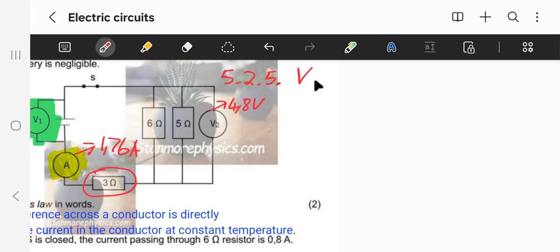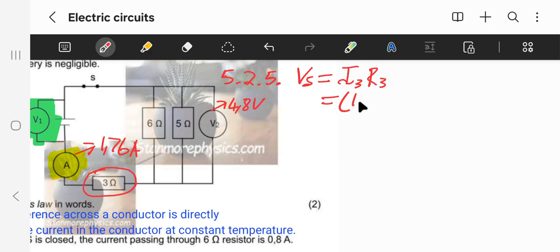So I'm going to say V, this 3 ohm resistor is connected in series, so Vs, the voltage in series, is equal to the current on the 3 ohm resistor multiplied by the 3 ohm resistor. You know what these numbers mean, right? They mean I'm focusing on this 3 ohm resistor.